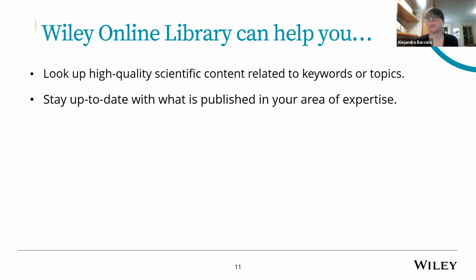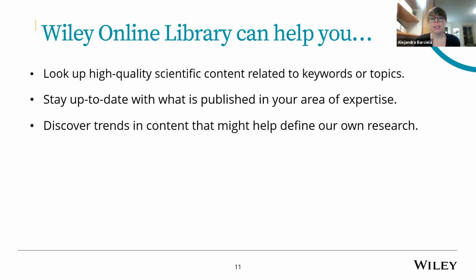Maybe I'm getting ready to present in a conference or just preparing a project to present at class. And I want to be able to talk about things that may be happening, controversial in my field. Journals are an excellent way to stay updated. It's kind of like checking the news, right? But for scientific content.